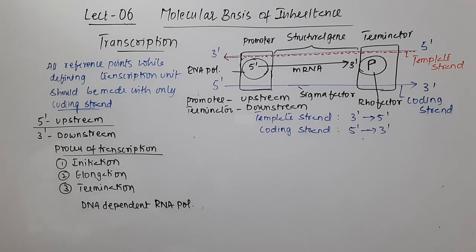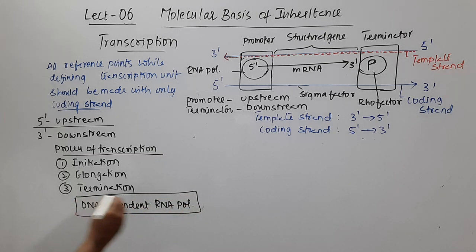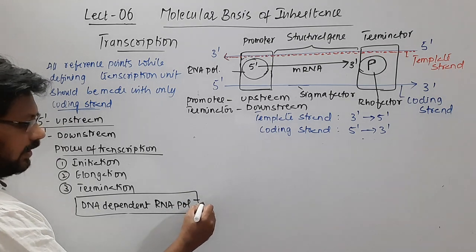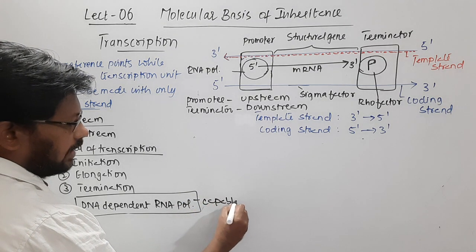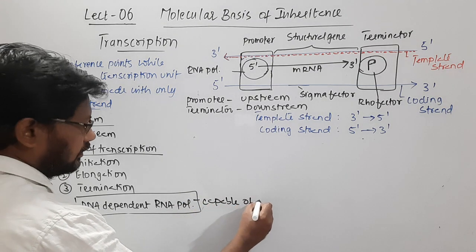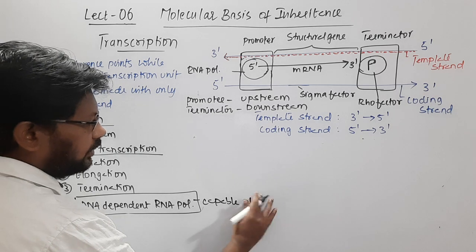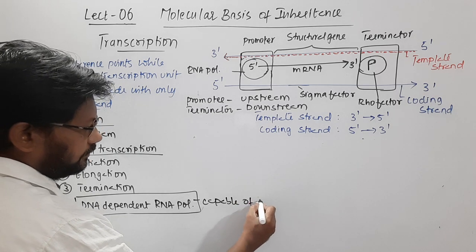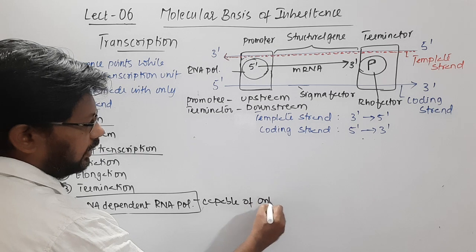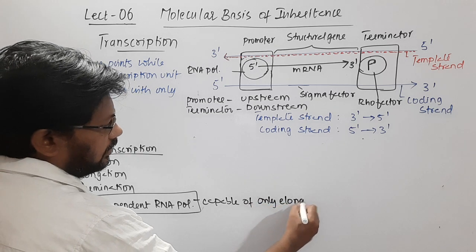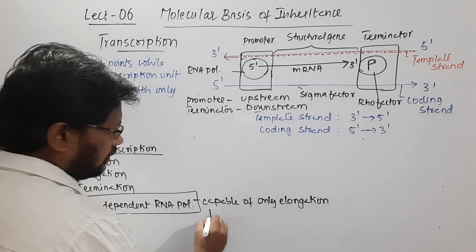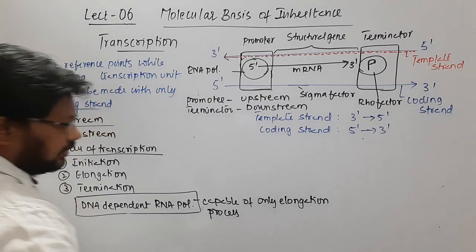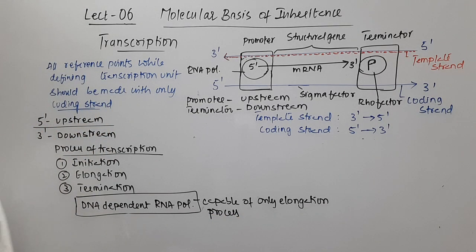And one more important point, this DNA dependent RNA polymerase enzyme is actually capable of only the elongation process.